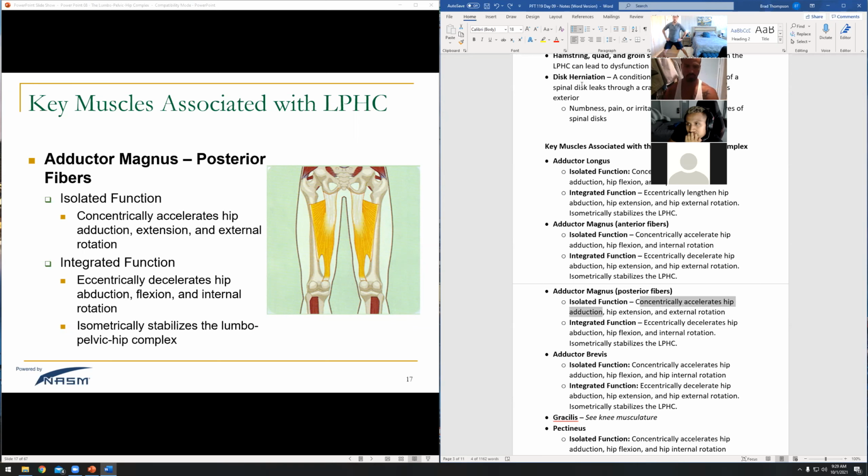If we were getting a little bit of extra stretch, is my adductor magnus posterior stretching this way? Sure, a little, because I'm still doing abduction. But if I really want to get a deep, thick stretch in the magnus's posterior fibers, I need to do other parts of this.